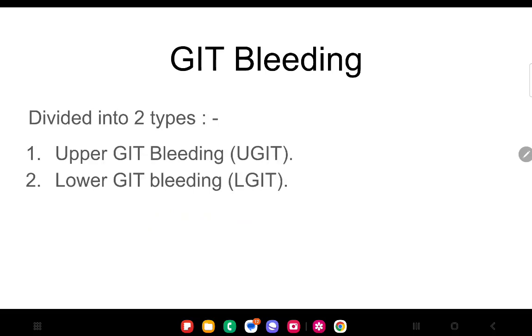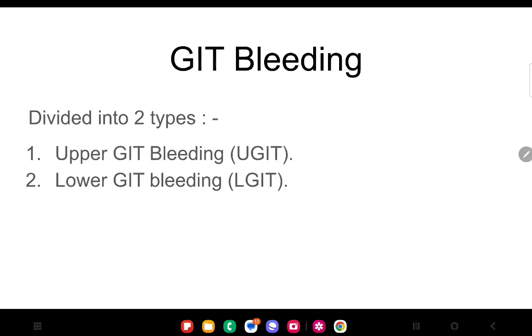On the anatomy of the GIT tract, the GIT tract is divided into upper and lower GIT tract by the ligament of Treitz. Treitz was a known Czech pathologist who lived in the 17th century, and he described this ligament, which joins the duodenojejunal flexure to the right crus of the diaphragm.